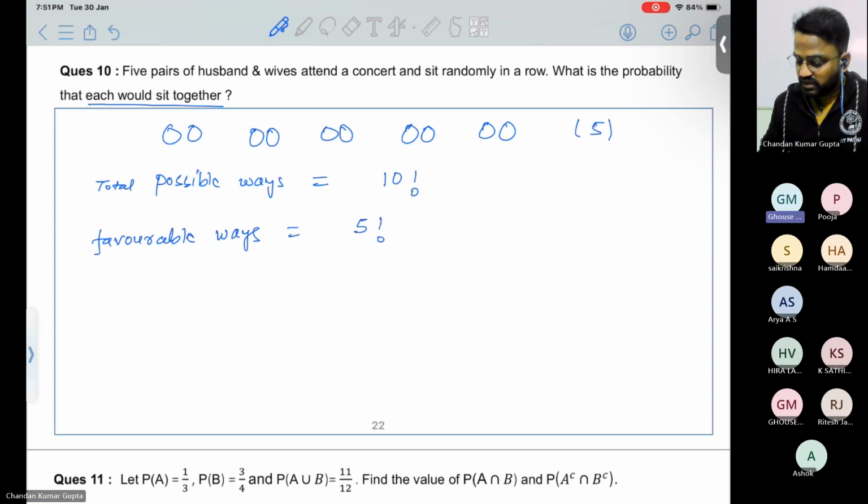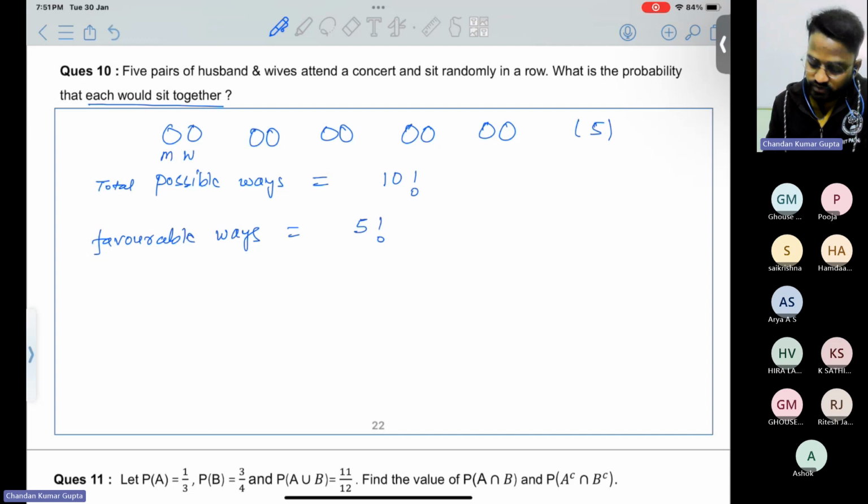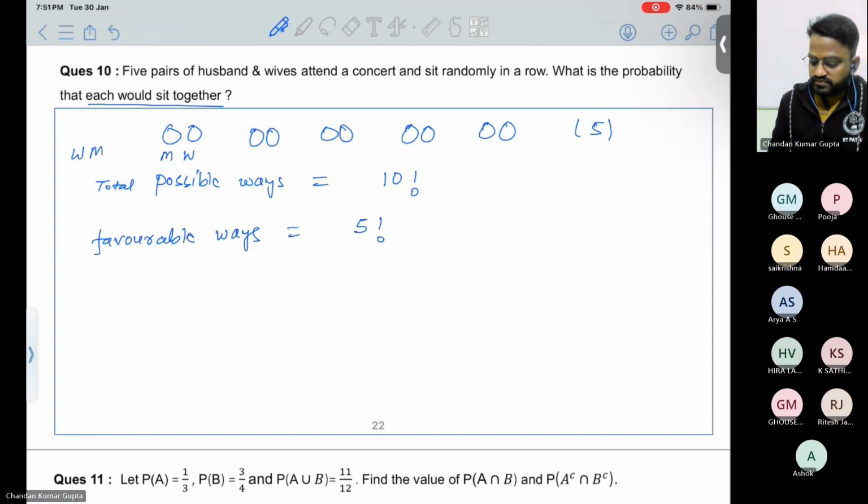And again, suppose in one couple this one is male and this one is female. It may also be possible that the woman sits first and then the man. Is it possible? Yes, sir. So 2 factorial times.